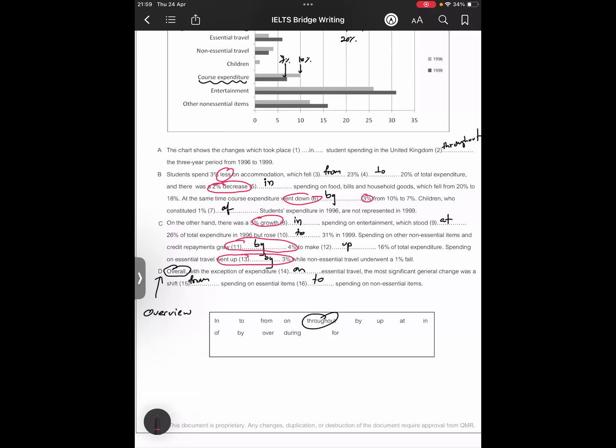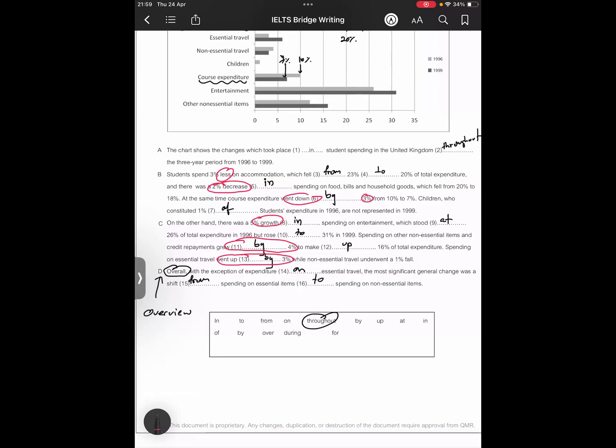They use this to show the main features.